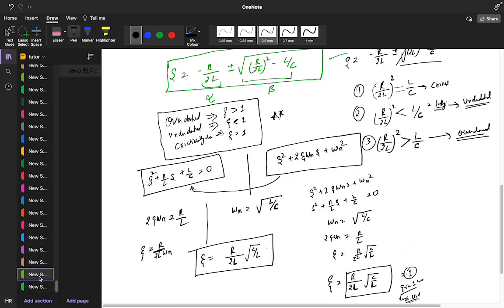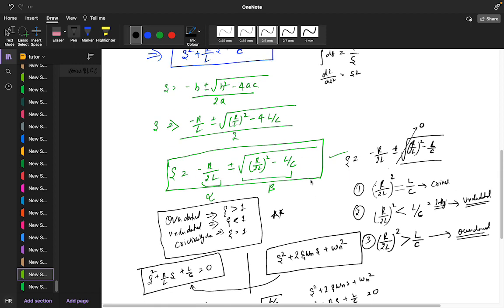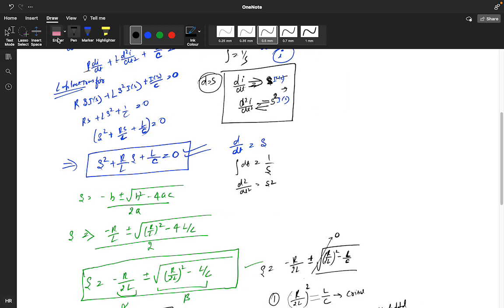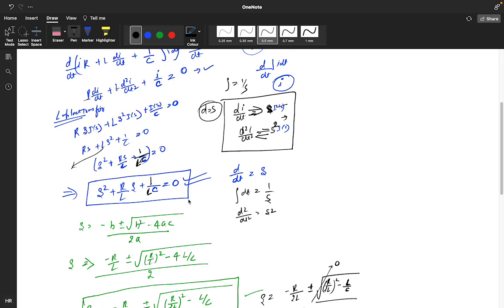Just wait. It's L by C. Oh no, I think we will get LC. So here we did wrong. See, if we take L common, then 1 by LC will come. Sorry, here by taking L common, 1 by LC will come. So not L by C, it will be 1 by LC. So according to that, you have to adjust the parameter.